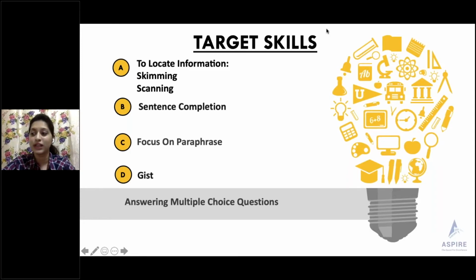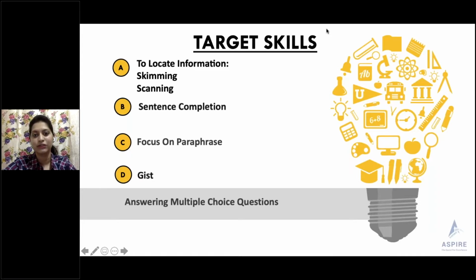So you focus on meaningful content words like nouns and verbs and adverbs. And as I said, you learn to ignore the functional words like, for example, at, in, the, and words like those.